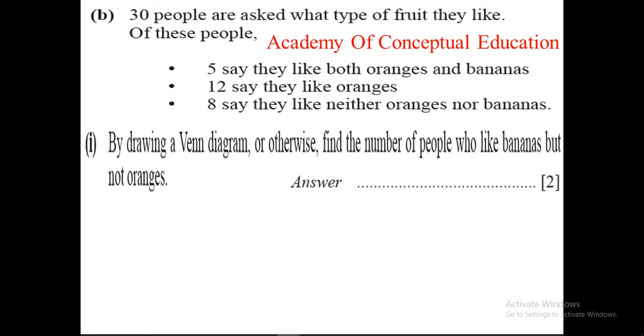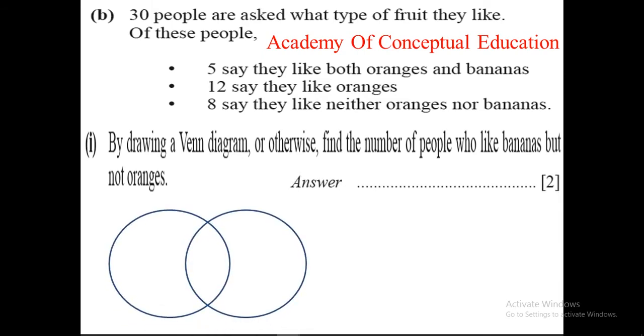So let's do it using the Venn diagram. Now 5 say they like both oranges and bananas, so we have to write 5 in the intersection portion of banana and orange. The first circle B represents the bananas, and the second circle represents the oranges.